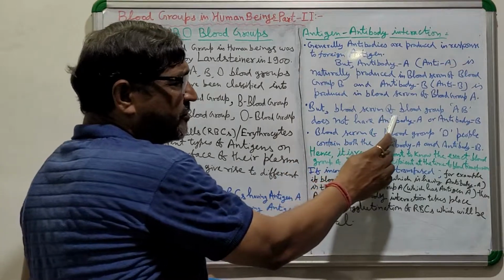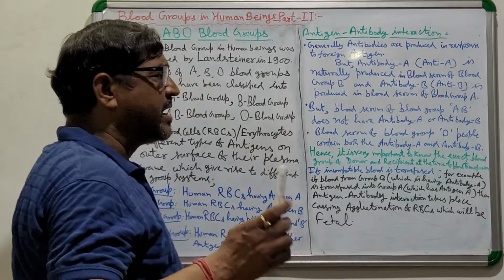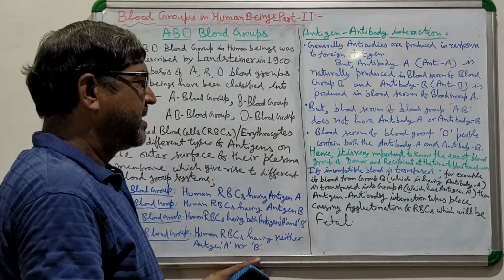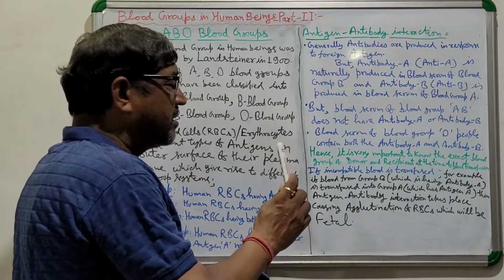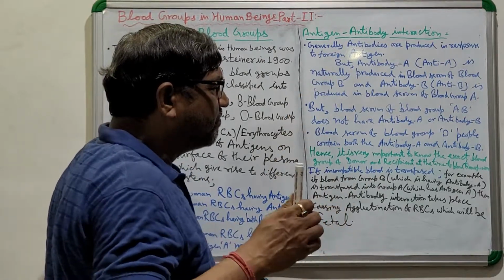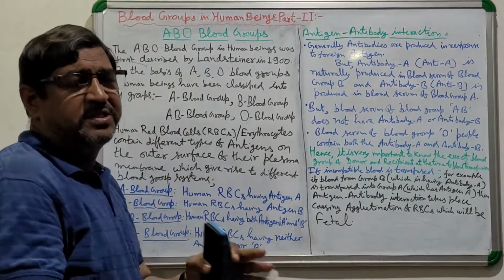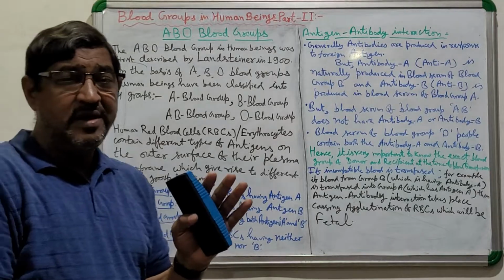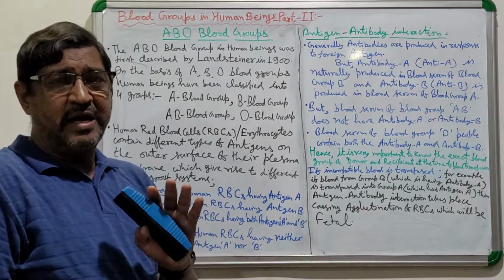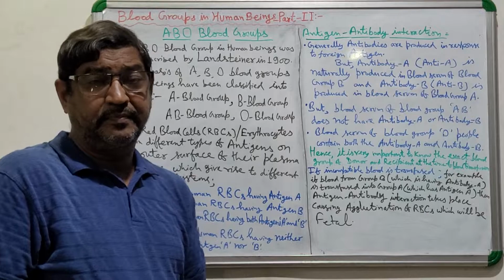But blood serum of blood group AB does not have antibody A or antibody B. And blood serum of blood group O people contains both antibody A and antibody B. So this is the situation, that O blood group in its serum has antibody A and antibody B both.